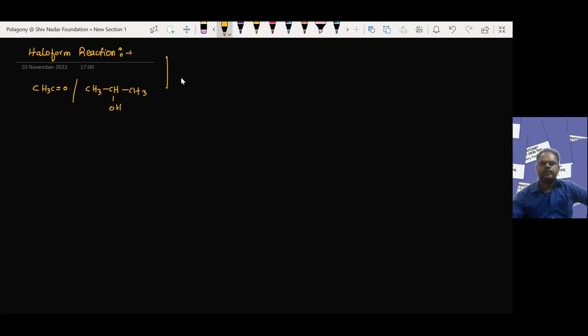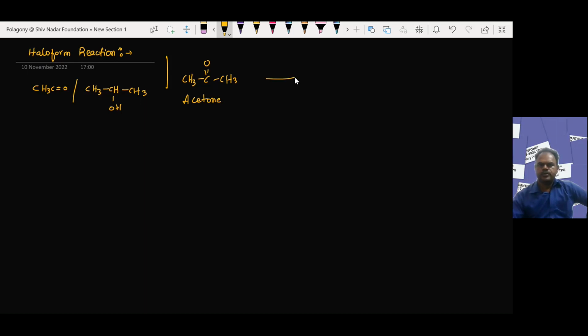For example, you take a ketone having the CH3CO acetyl group. This is called acetone or propanone.